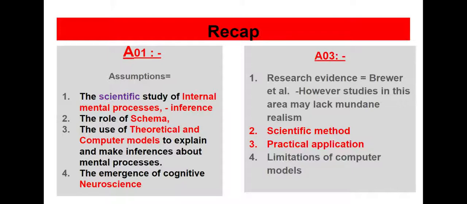One suggested is that you use Brewer's study as research evidence to support schema affecting the accuracy of memory. Therefore, it supports the cognitive approach as a useful approach to explain internal processes, cognitive processes, and behavior. And you can evaluate that particular study. That's a further point of AO3.